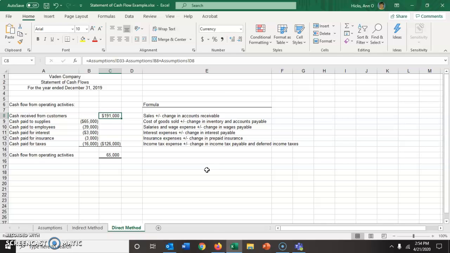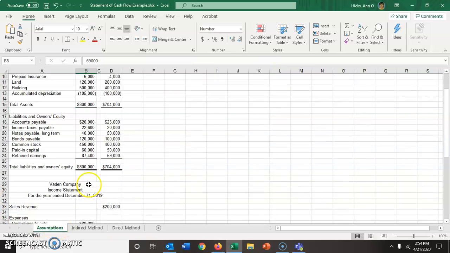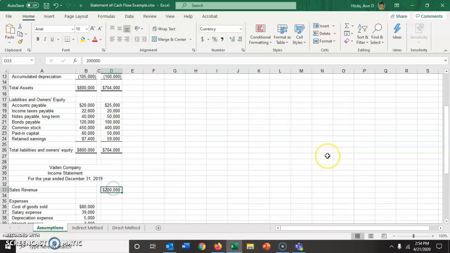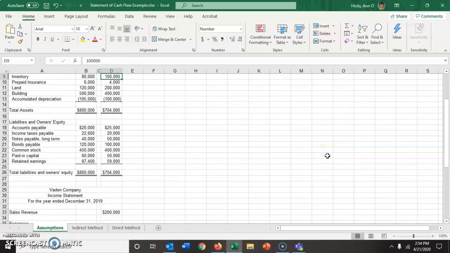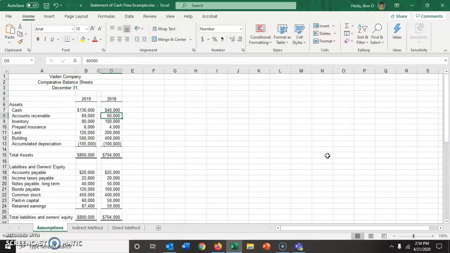So, for example, cash received from customers is going to be a function of your sales revenue adjusted by the change in accounts receivable. So, my formula here pulls from sales revenue of $200,000, but we know that accounts receivable increased, which means some of that sales revenue wasn't collected, so we subtract the increase in accounts receivable.